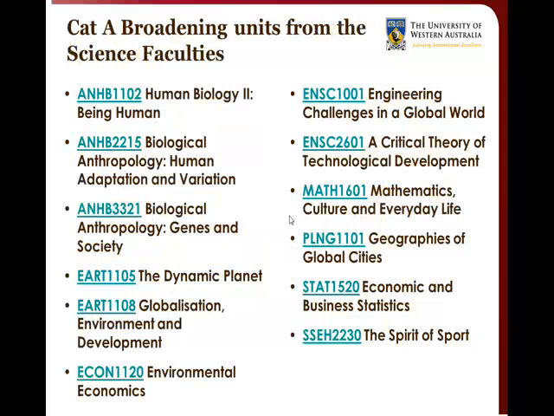And these are the Category A broadening units from the other science faculties, and you can see that there's a broad range of very interesting topics, and you can read about any of these on the handbook, which is available online or in the libraries.